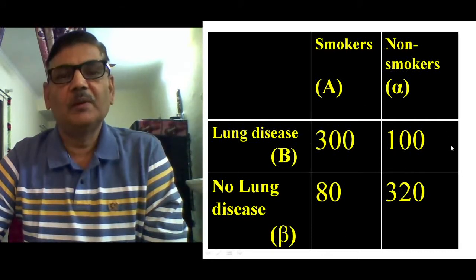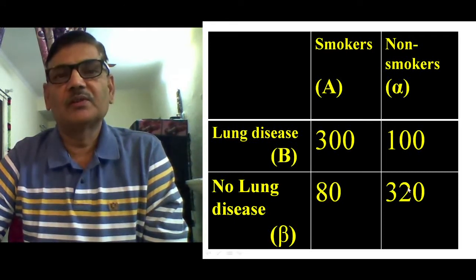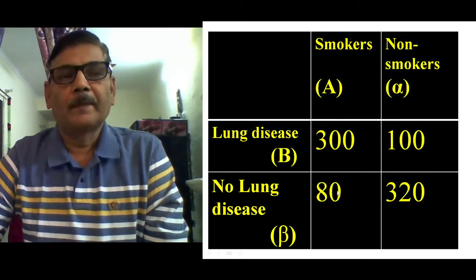So these many people have been actually observed, and 100 persons are there who are non-smokers but they suffer from lung disease. Then 80 persons are there who are smokers and they don't have lung disease, and 320 persons are there who are non-smokers and they also do not suffer from lung disease.